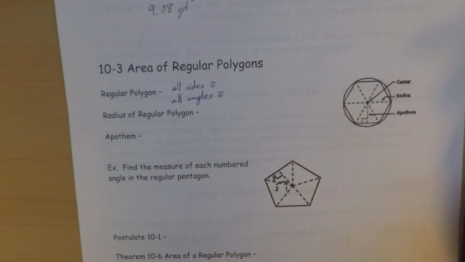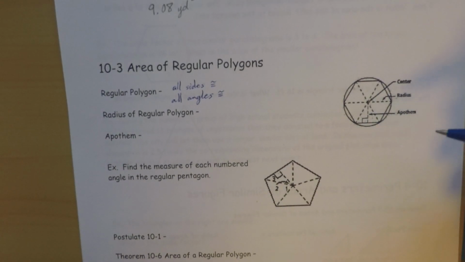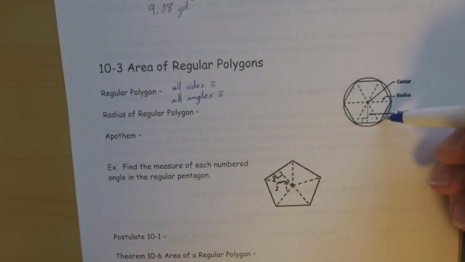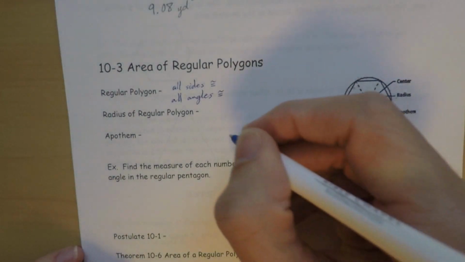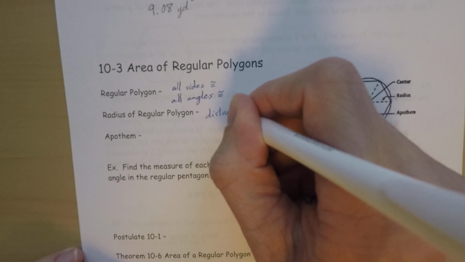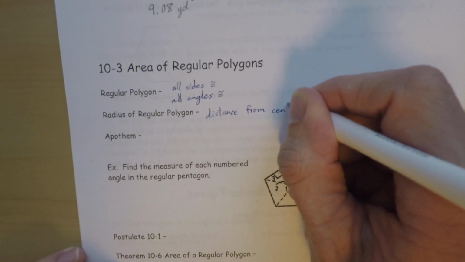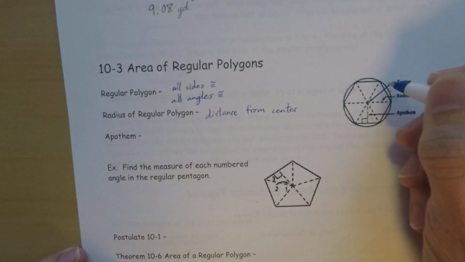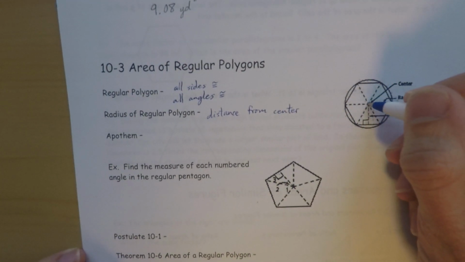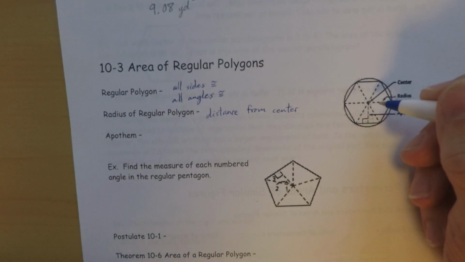We would refer to the radius of my polygon, so the radius of this hexagon, as the distance from the center. Notice if I put a circle around my hexagon, the center of that circle we would also refer to as the center of my polygon.